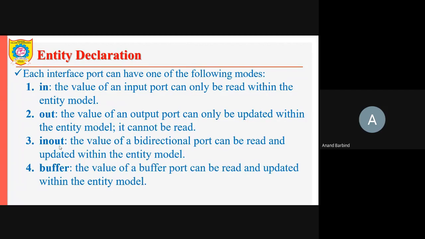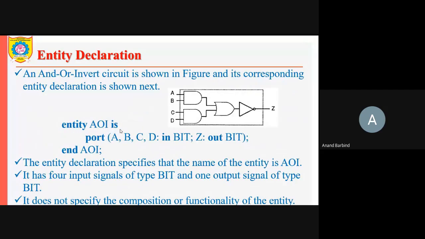Whereas inout means the value of the bidirectional port can be read and updated within the entity model. Even there can be buffer, and the value of the buffer can be read and updated within the entity model. So that is how you can have the four different types for the pins or interface for a particular entity.